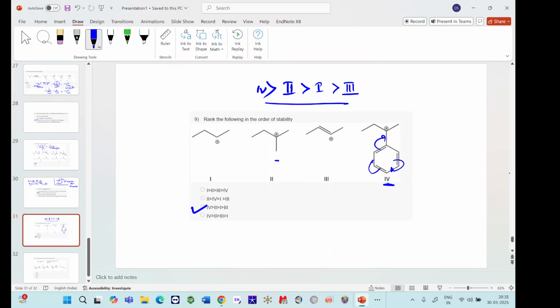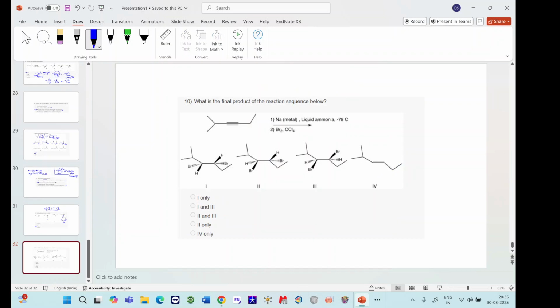Yes, this one. Now the next question: what is the final product of the reaction sequence below? You have a substituted alkyne, and you are giving sodium with liquid ammonia. So this will give you the trans hydrogenation. This will be your first step, and second you will have Br2 in CCl4 with anti-addition.